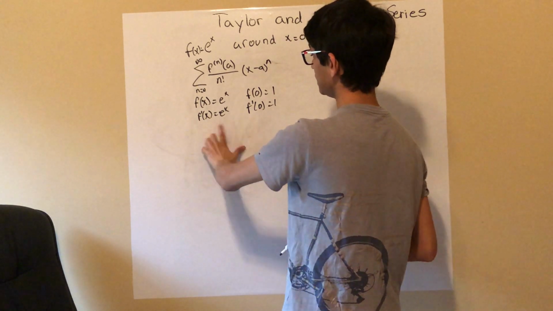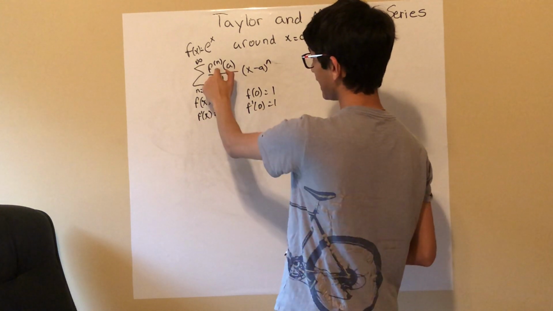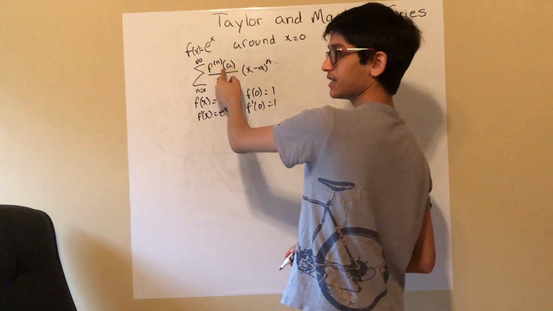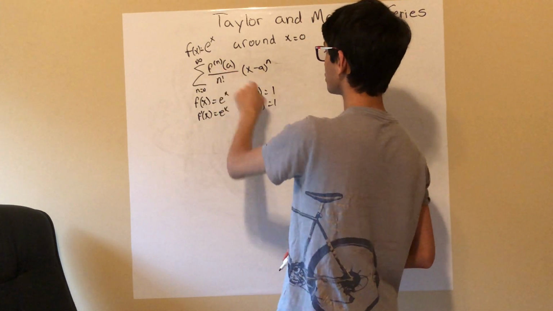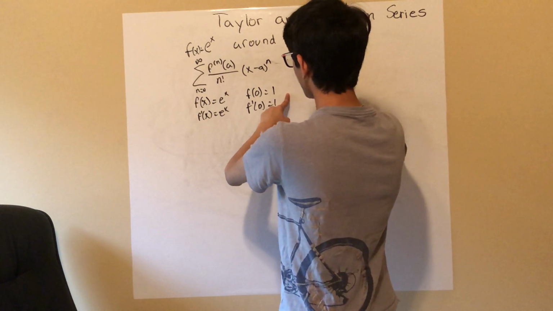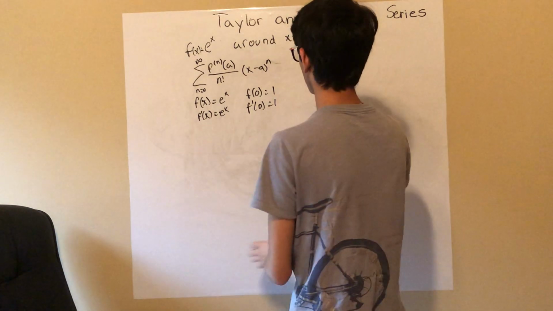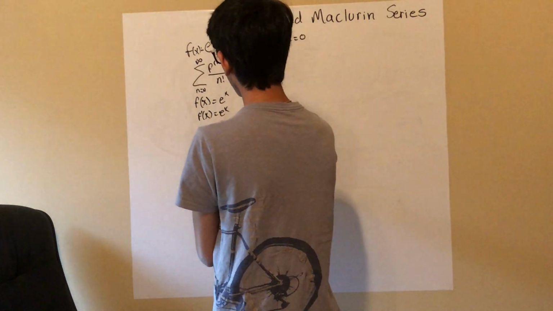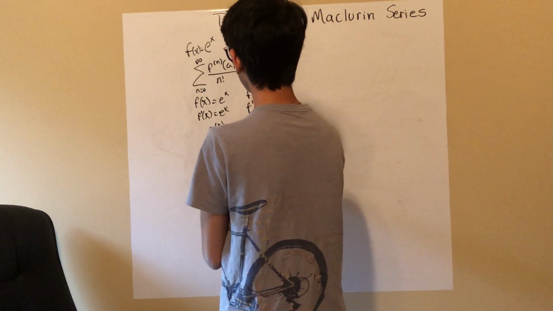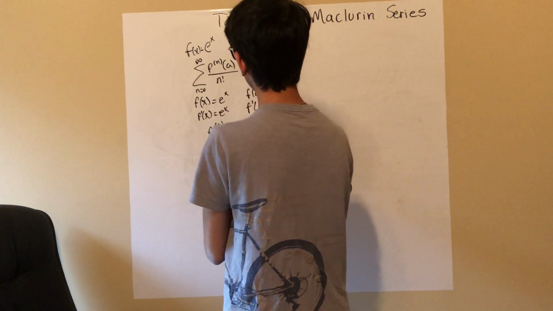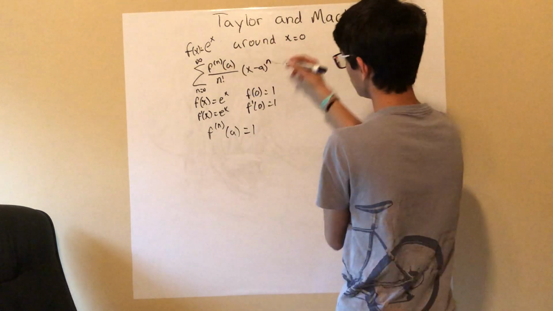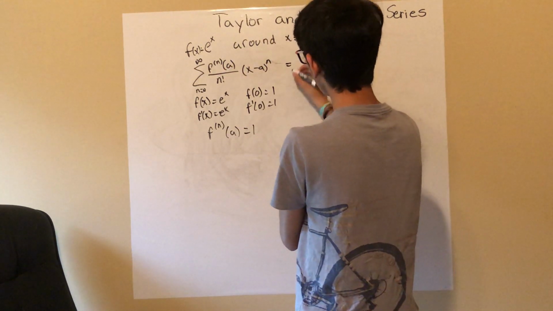As you can see, the nth derivative of f at a, which in this case is 0, is always going to be 1, right? So now we're basically done. So f to the n of a equals 1.